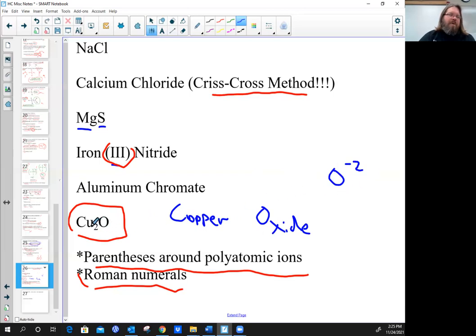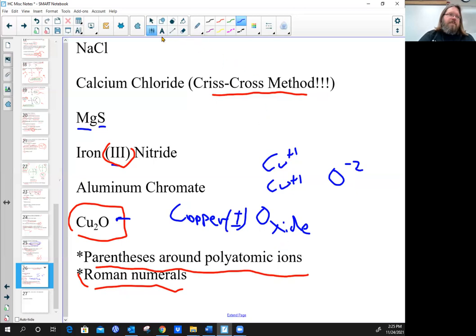There are 2 copper ions in combination with it. So I'm just going to draw this out to prove a point, okay? So these 2 copper ions, remember the charges need to offset, they need to equal 0. So that means that each one of these copper ions has to have a +1 charge. Okay, so the way this formula is written right here, this is copper 1 oxide.